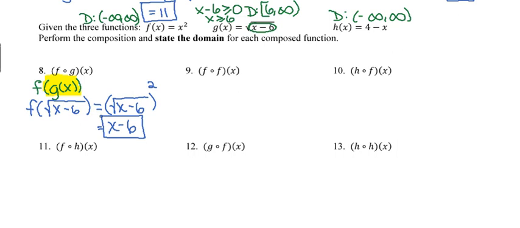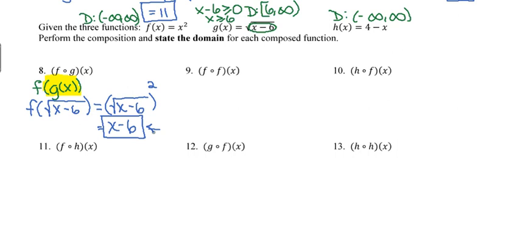The hard piece of this is the domain. And what makes this tricky is that we have to consider domain for both the input and the output. The output here is the x minus 6. That's pretty simple. We all know that the domain of that line is going to be all real numbers.